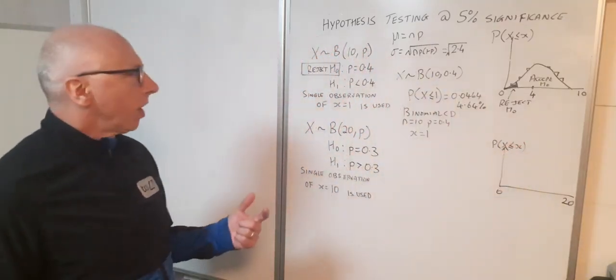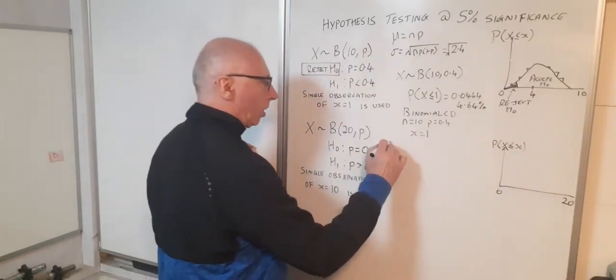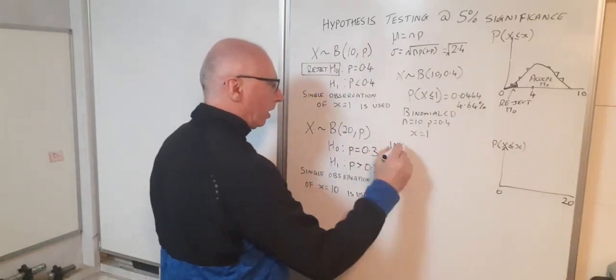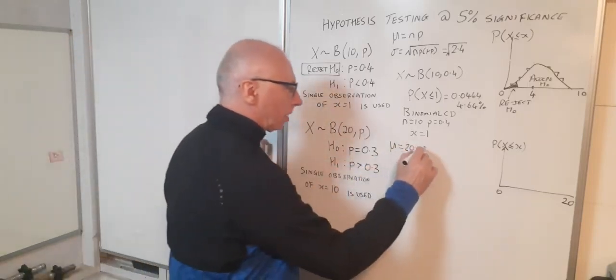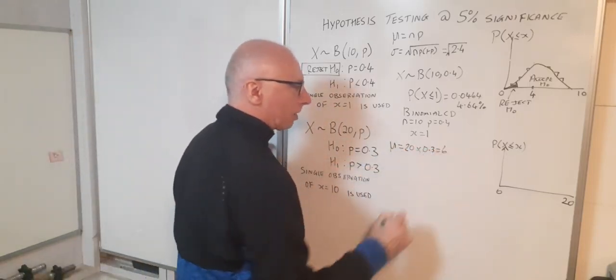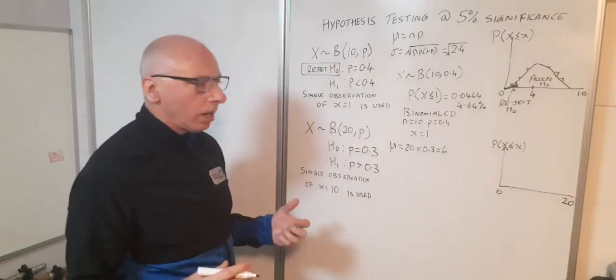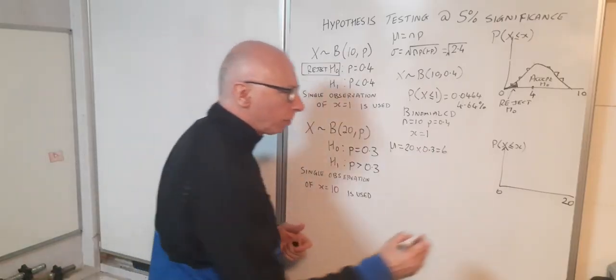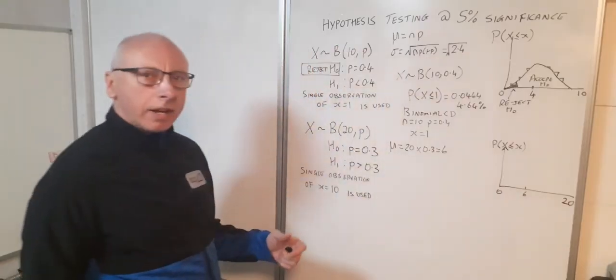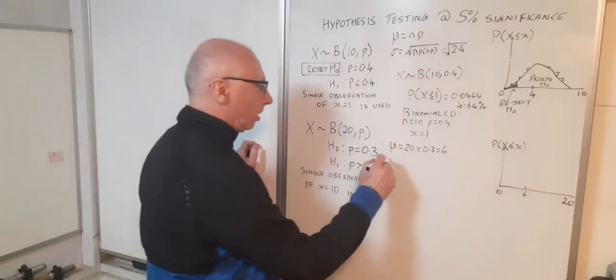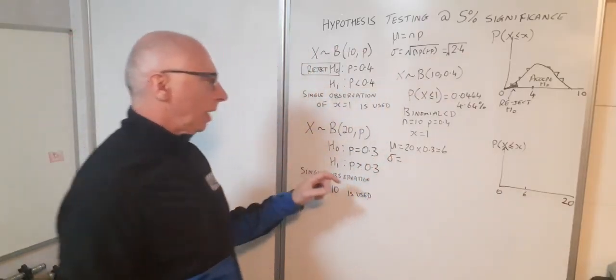So first of all, let's find the mean. So mu would equal 20 times 0.3, which equals 6. So that's going to be the centre, where the mean of our distribution is going to be. So if I put 6 around there.